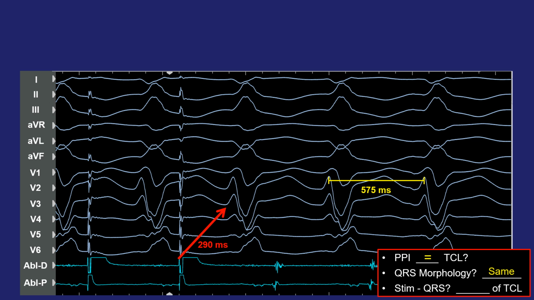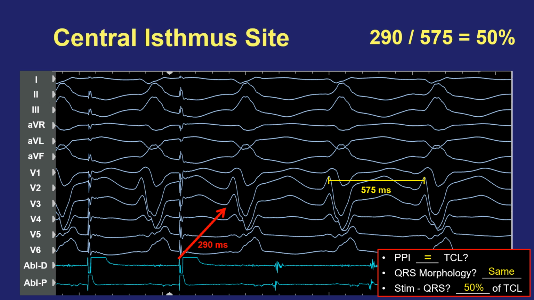Here, the stim to QRS timing, here to here, is 290 milliseconds. The VT cycle length is 575 milliseconds. That's about 50%, and that puts us in the central isthmus. This is probably a really good site to ablate.